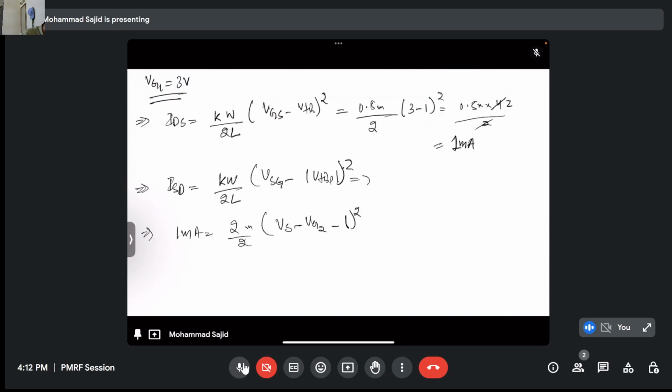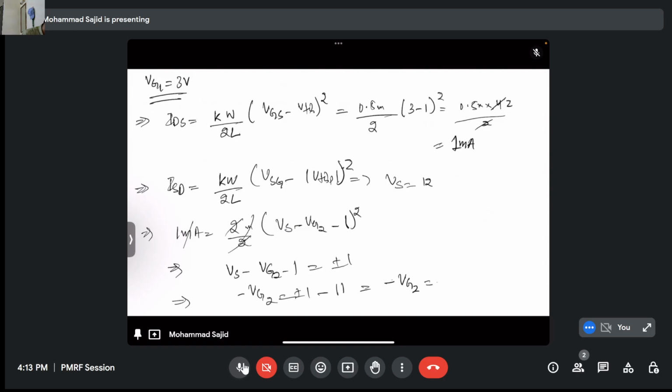And my Vs is equivalent to VDD, that is 12. So milli and milli will go. My Vs minus Vg2 minus 1 will be equal to plus minus 1. My Vs is 12, 12 minus 1 is 11, minus Vg2 will be plus minus 1, minus 11.